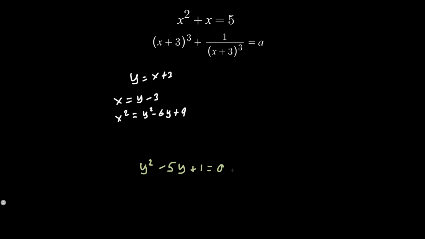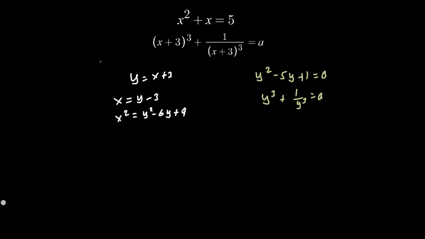So that's important to our equation. We have y squared minus 5y plus 1 is equal to 0, and y cubed plus 1 over y cubed is equal to a.